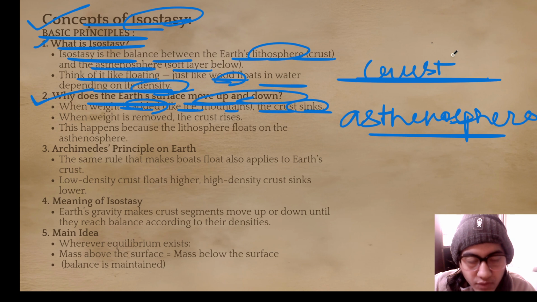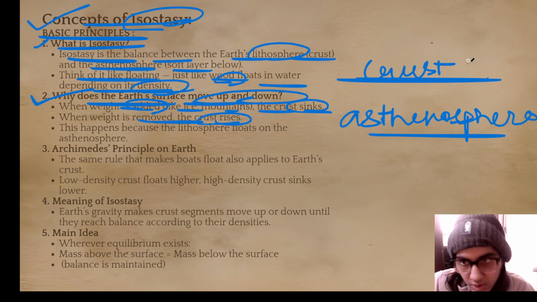If you have a heavy object on the earth's surface, it will sink, or if it is light, the earth's surface will stay flat. When weight is removed, the crust rises. So when you remove the weight from it, the crust comes back to the normal position.